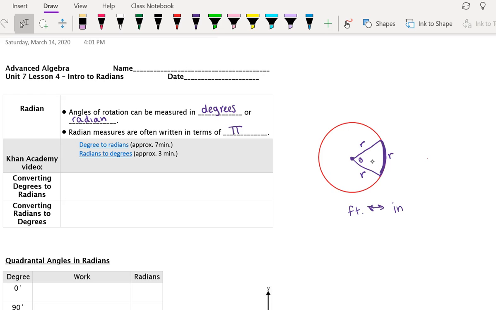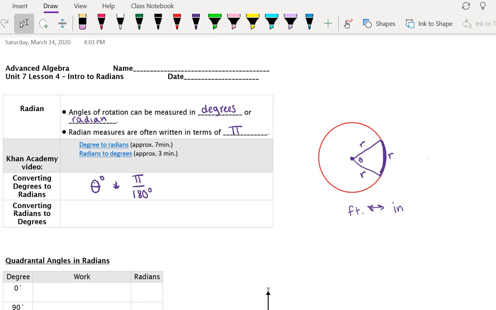Okay? So what's going to happen is if I'm converting from degrees to radians, you're going to take your degree measurement, which is given as theta, and you are going to multiply that by pi over 180 degrees, okay?